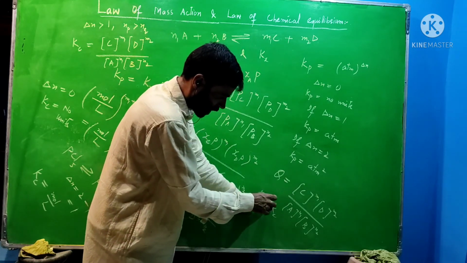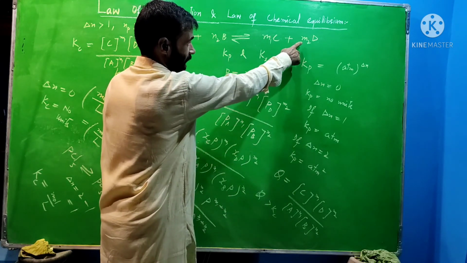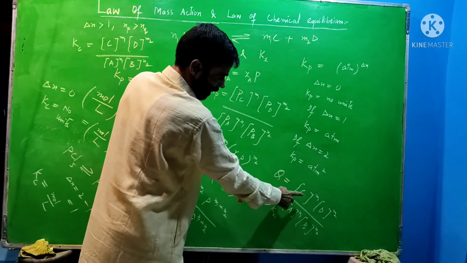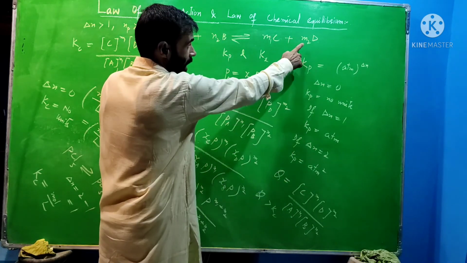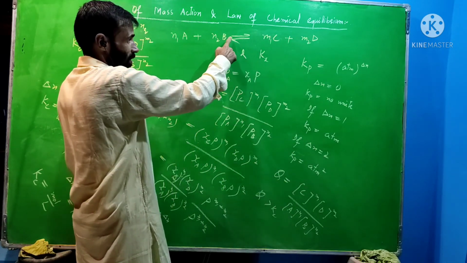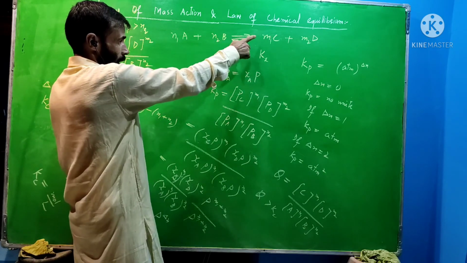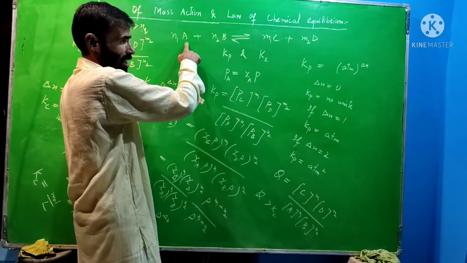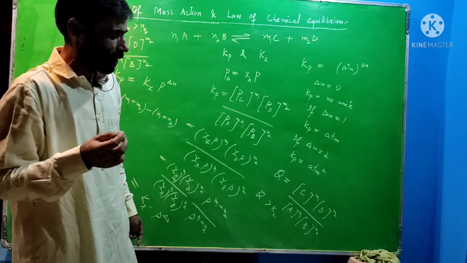So this reaction will proceed in this way, consuming products because their value is more. These are consumed, so the reaction will occur from this side towards this side. It will occur in the backward direction.